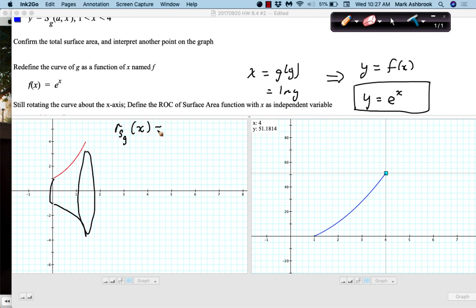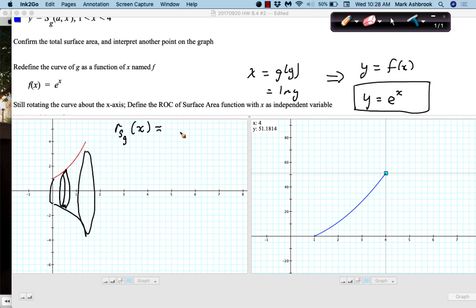So this is what we want now. The radius would be. Sebastian, did you figure it out?